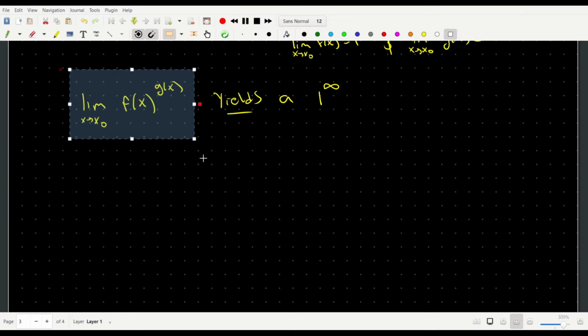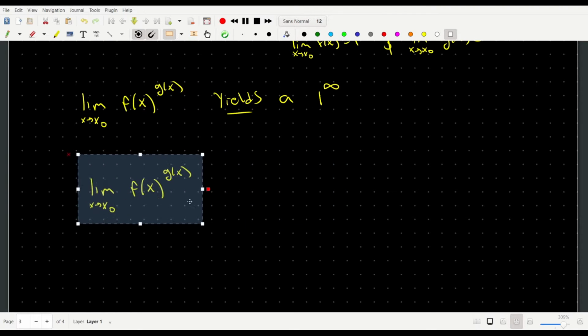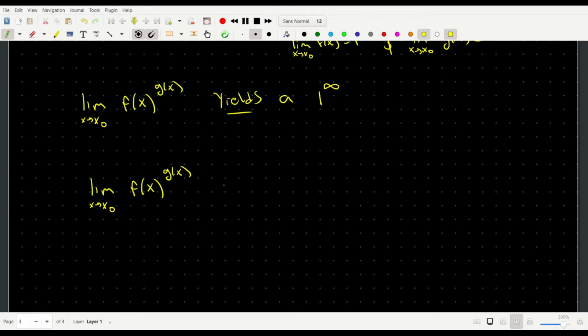But what we need to do here is use the definition of what it means to have an exponential like this. And I'm going to use the standard exponential. So let's take a look at what an exponential really means.